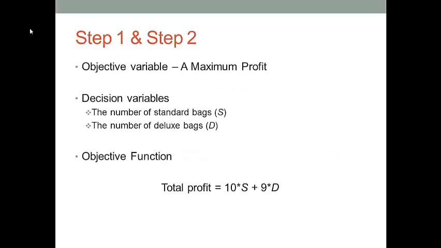If we establish a mathematical equation to represent this relationship, we can get the objective function like the one on this slide. We use uppercase S to denote the number of standard bags manufactured. We use uppercase D to represent the number of deluxe bags manufactured. So the total profit should be $10 times S plus $9 times D.